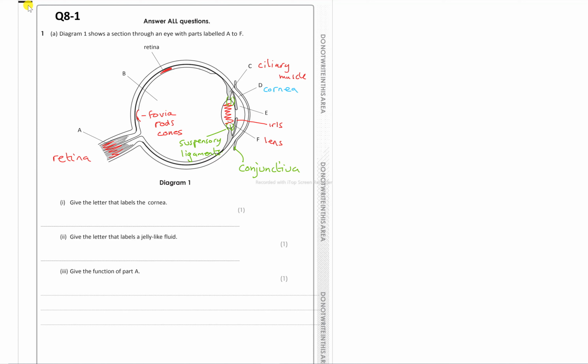That makes sense. B is the inside of the eye, and it's got a jelly-like substance. And the function of A is it sends electrical impulses to the brain. Okay, let's move on.